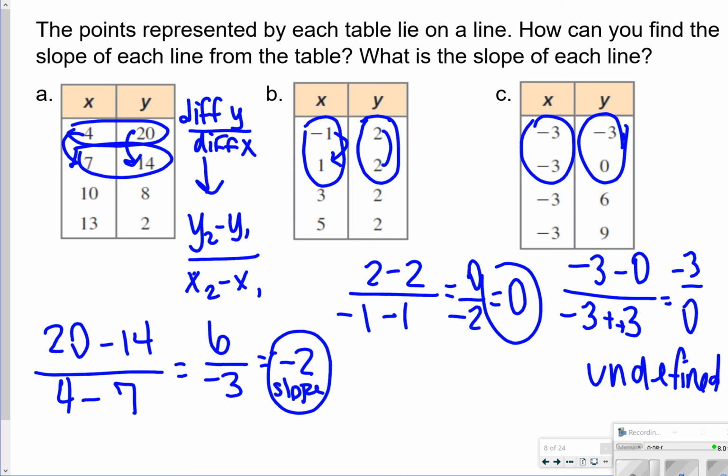Okay, and with this one, because the division is by 0, you would just say the slope is undefined. And we'll see what that looks like whenever we start to plot that. So just remember, anytime 0 is on the bottom, you cannot have a number being divided by 0, so that slope is undefined. But you can definitely do like letter B, 0 divided by 2.